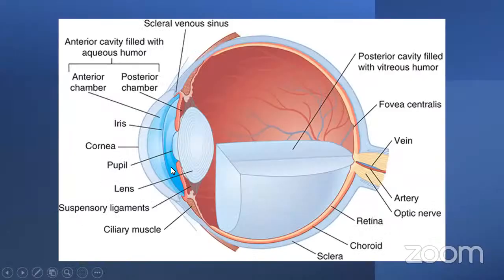As I said, this is the eye, and the inner layer is the retina, and the outer layer is the sclera. The optic nerve conducts the impulses to the occipital cortex.